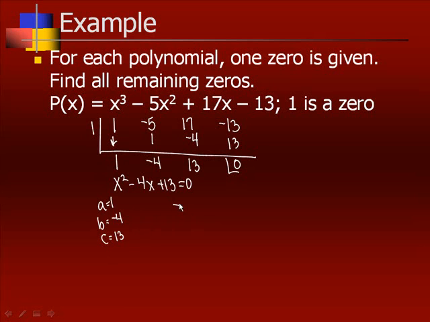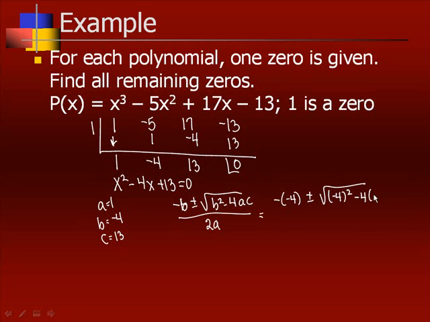So that would be negative b plus or minus the square root of b squared minus 4ac all over 2a, which would be negative of negative 4 plus or minus the square root of negative 4 squared minus 4 times 1 times 13 all over 2 times 1.